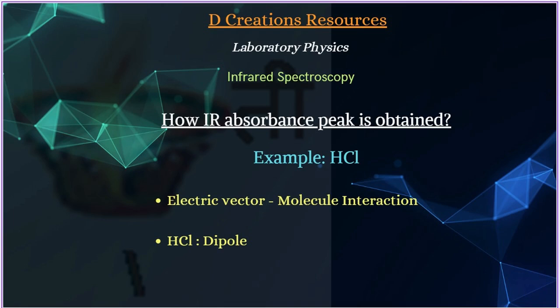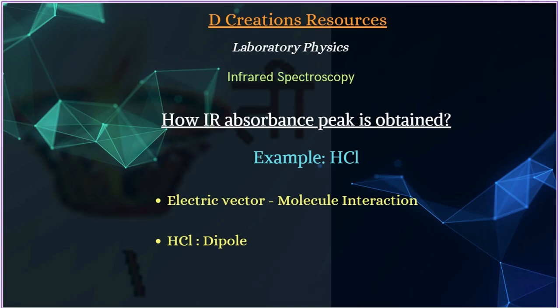Usually it is denoted as delta minus, while hydrogen will have a partial positive charge, usually denoted as delta plus. That means if you consider the HCl molecule, it contains two charges which are separated by a distance. So obviously it is forming a dipole, and then there is going to be an associated dipole moment.